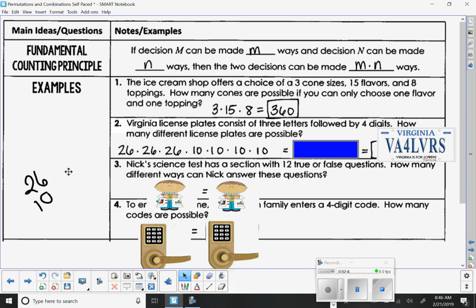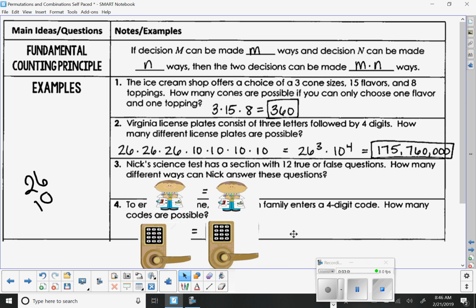Now this is for just one that gets made up. Obviously there are vanity plates and you can have up to 7 characters, and they could be all letters or all digits depending on what you want. But the standard one looks like this, and it turns out that you do 26 cubed times 10 to the 4th for a grand total of 175,760,000 different combinations.